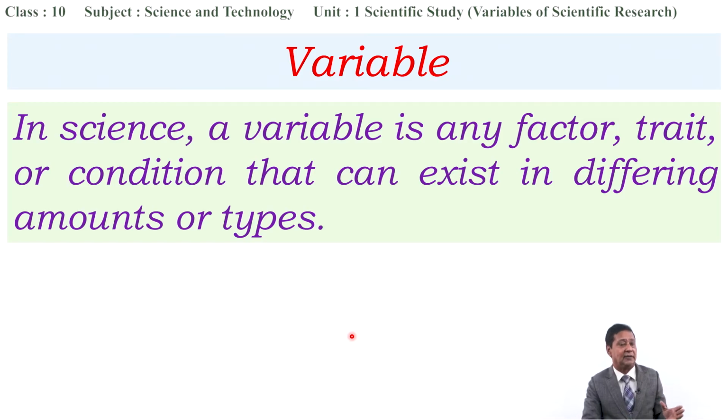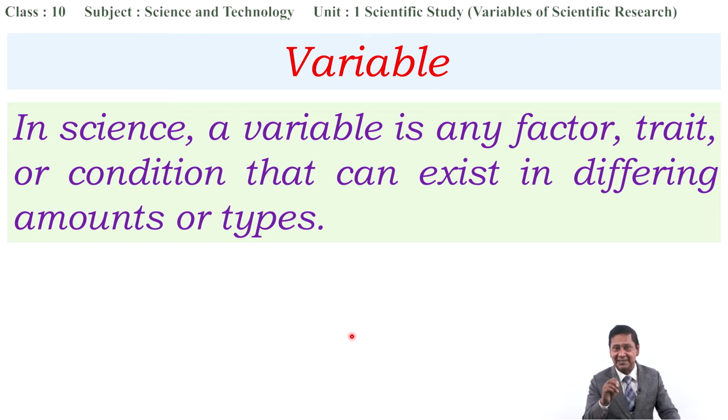In science, a variable is any factor, trait or condition that can exist in differing amounts or types. Looking at the definition, it seems to be a little difficult to understand.